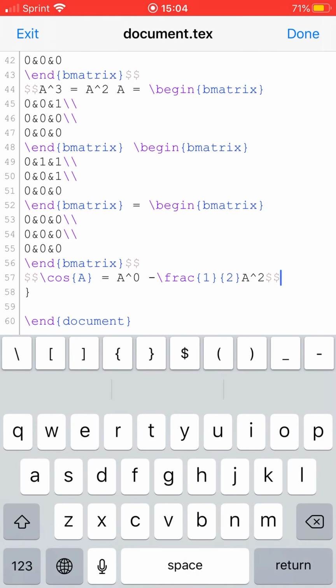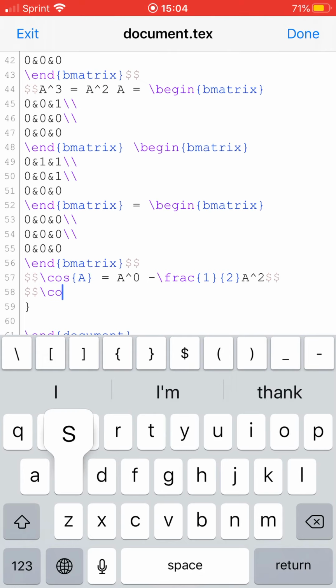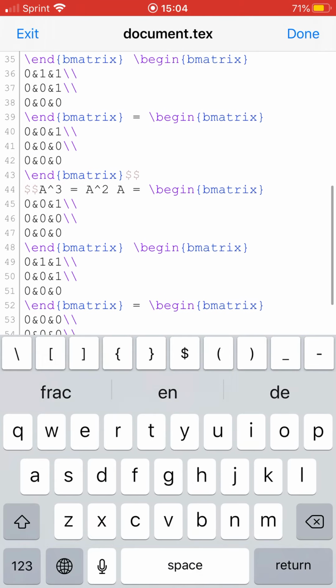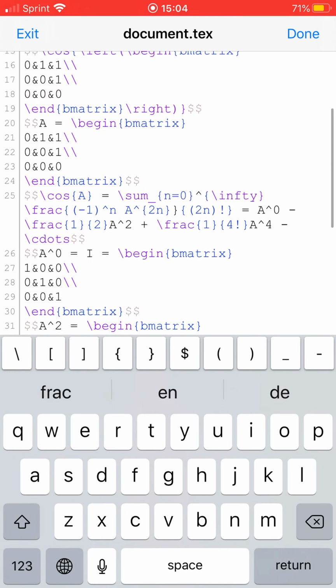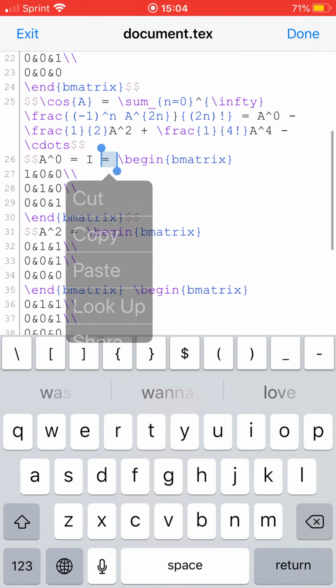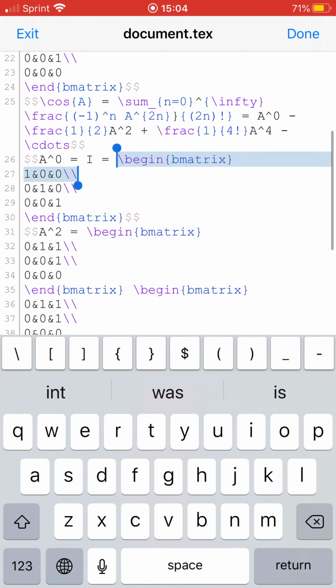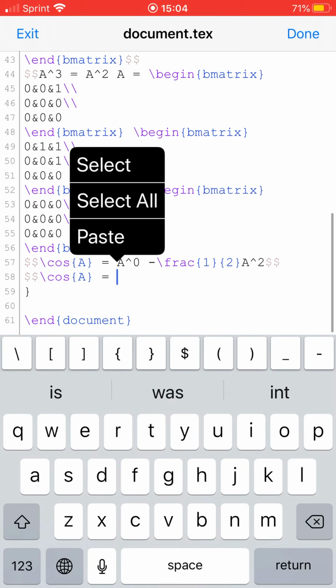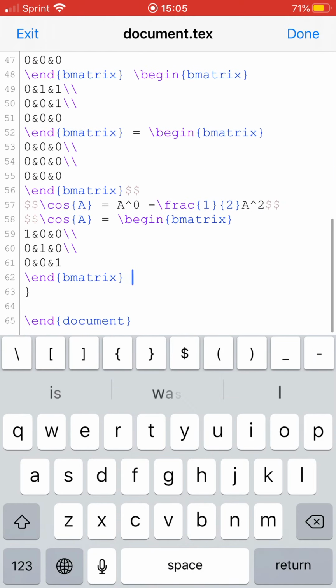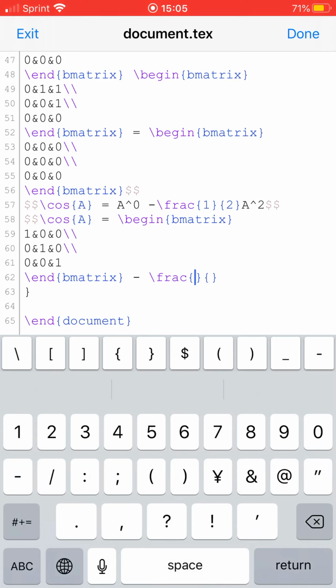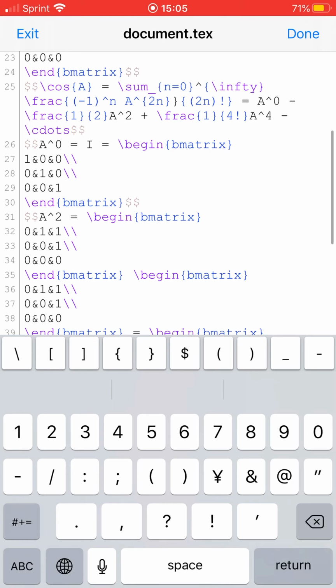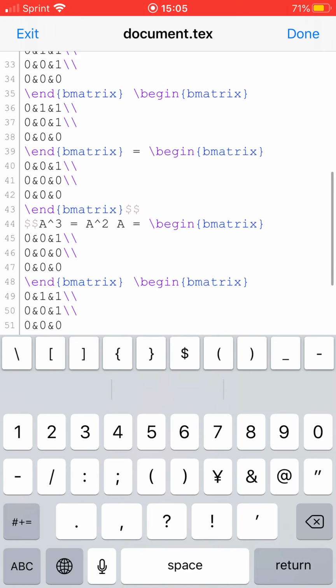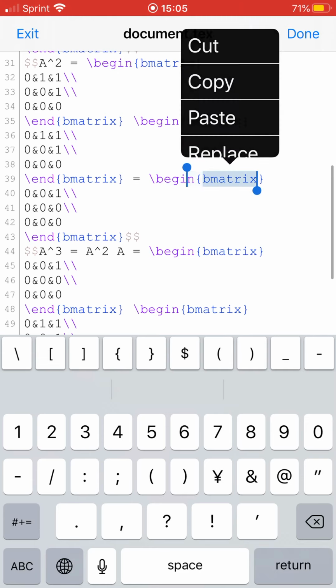So cosine of A is equal to, we know that A to the 0th power is the identity matrix, the diagonal matrix with the diagonal elements all 1 and the other elements all 0, minus 1/2 times A squared, which is this thing that we calculated here. Right here.